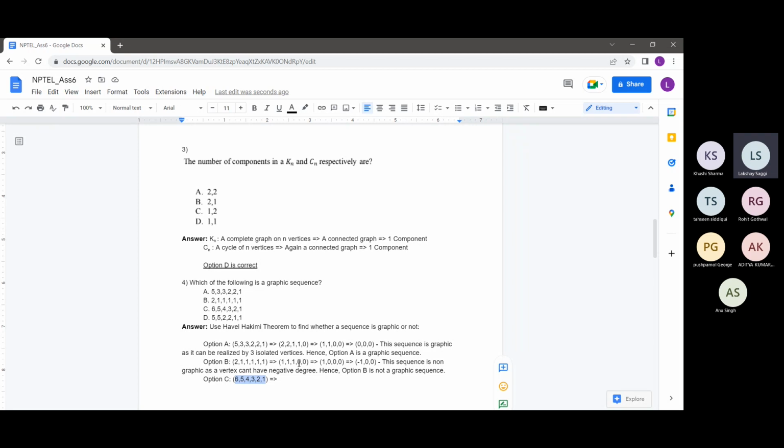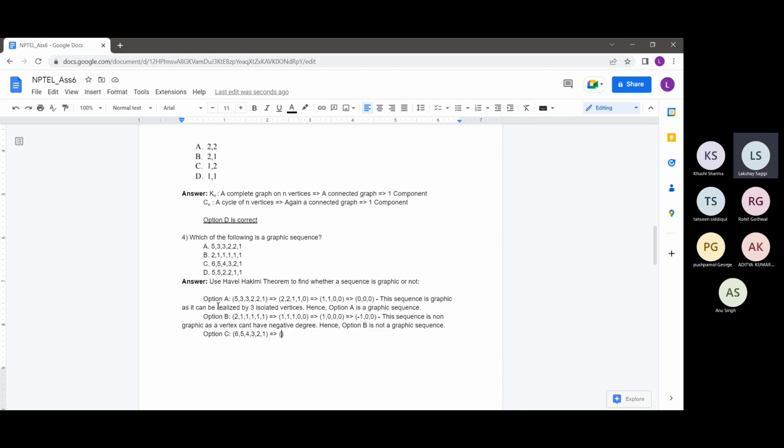When it is not in non-increasing order, you have to sort it yourself first. This is a very common mistake, and you should try to avoid it as much as possible. Always ensure that at each step the sequence remains in non-increasing order. Otherwise, the Havel-Hakimi theorem can't be applied.